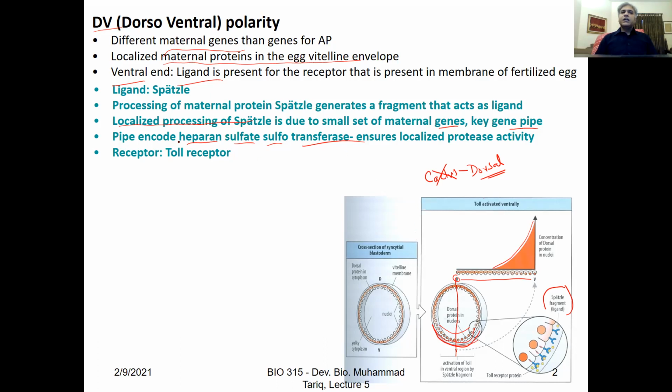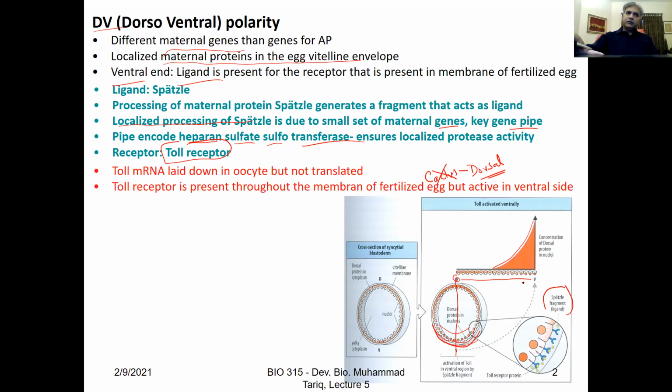Spätzle binds to the toll receptor, which is already on the vitelline envelope, and toll mRNA is also deposited in the oocyte. As soon as fertilization takes place, it gets translated, and then you have this receptor in the vitelline envelope. Although toll receptor is present throughout the membrane of the fertilized egg, it's only active in the ventral side because of localized presence of Spätzle.